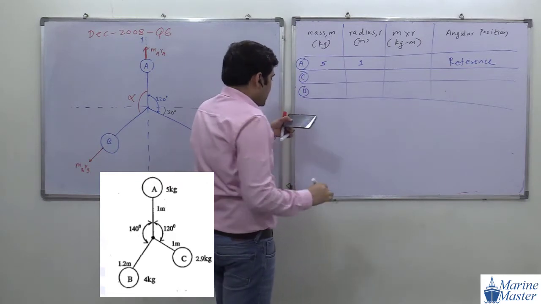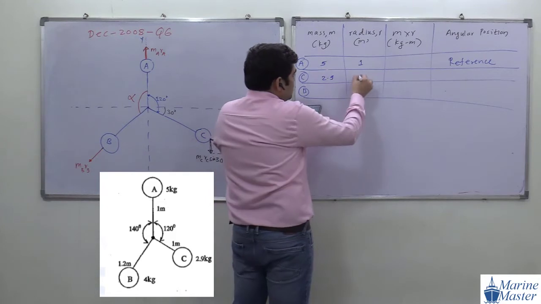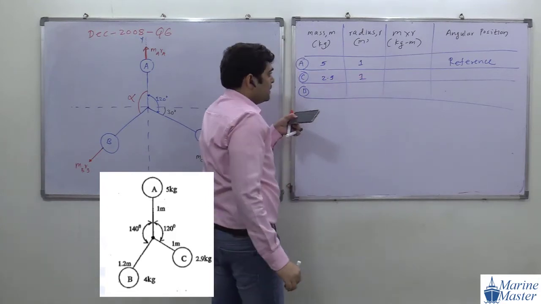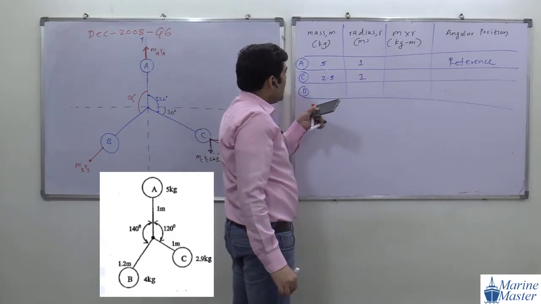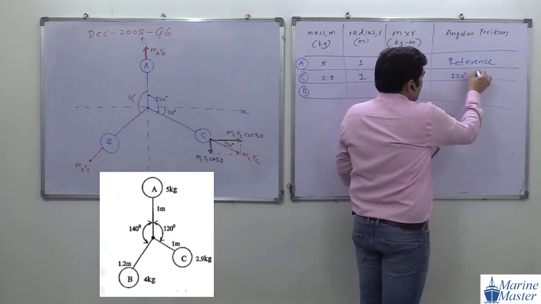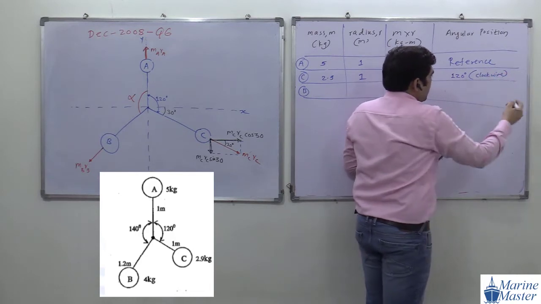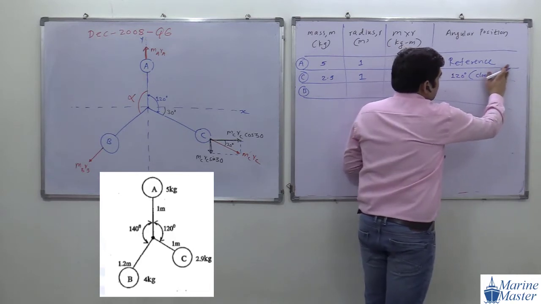Then mass C is 2.9 kg at again 1 meter radius. With respect to the A reference, it is 120 degree clockwise. Everyone getting my point?